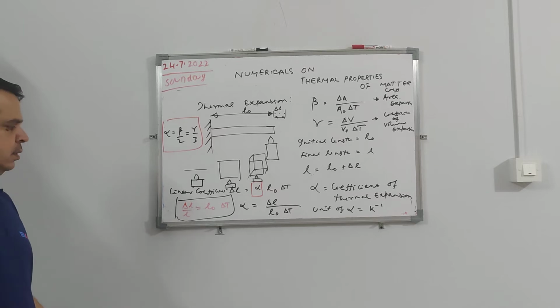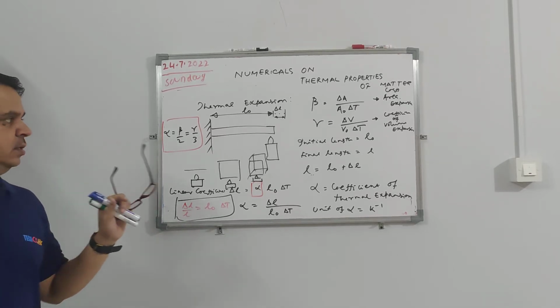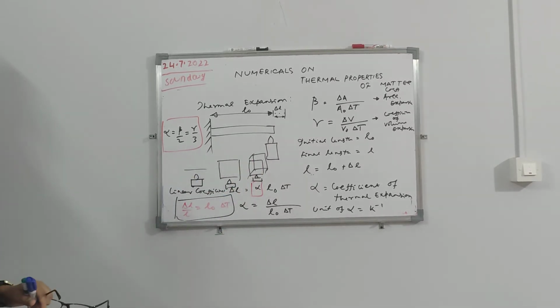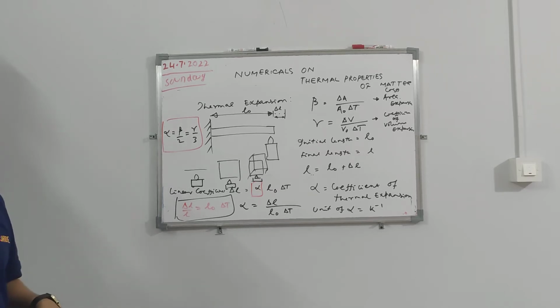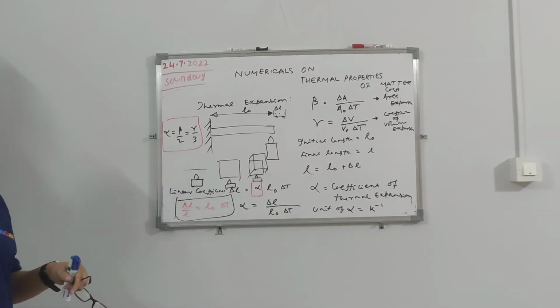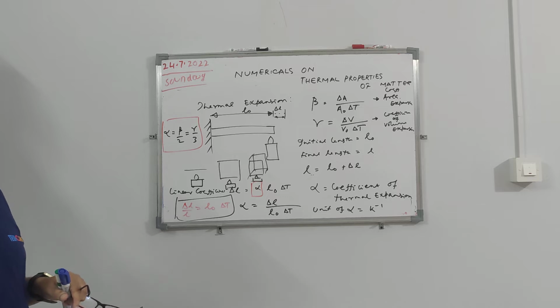Suppose you want to restrict the expansion to 2%, then substitute that and find what will be the maximum temperature rise permitted. So if you know this formula, they can twist the questions in n number of ways.